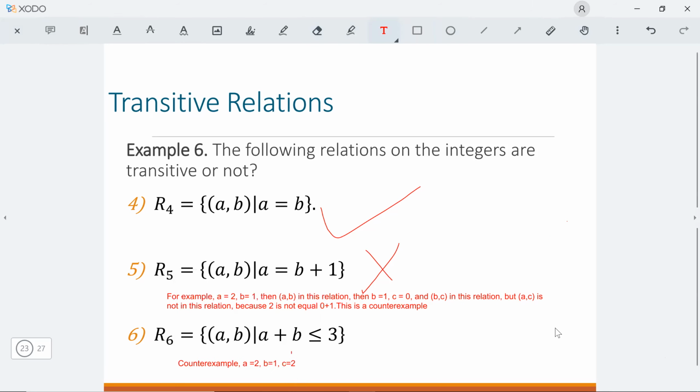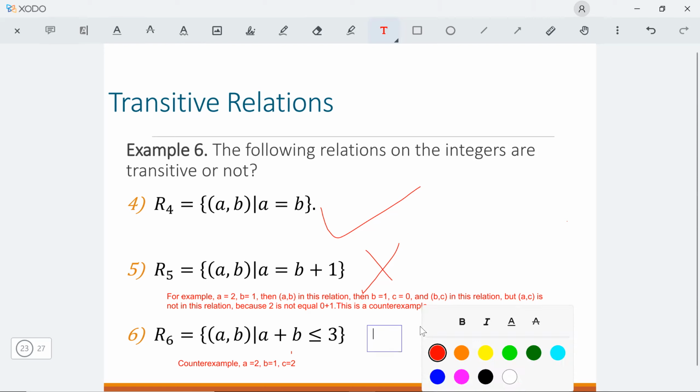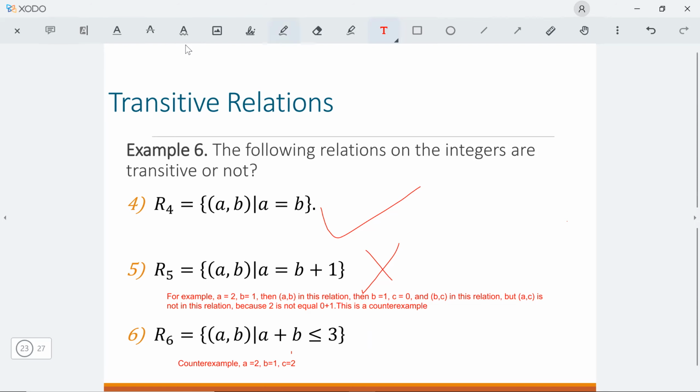For this one, we have AB in this relation because 2 plus 1 is smaller than or equal to 3. And BC is also in this relation because 1 plus 2 is smaller than or equal to 3. However, for AC, 2 plus 2 equals 4, which is not smaller than or equal to 3. So our AC is not in this relation. Here we find this counterexample, so this is not a transitive relation.